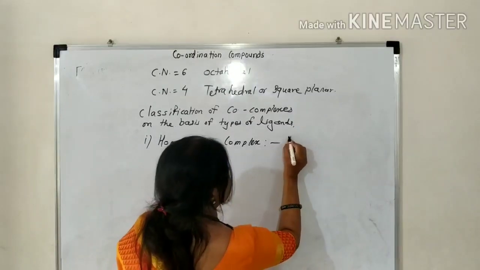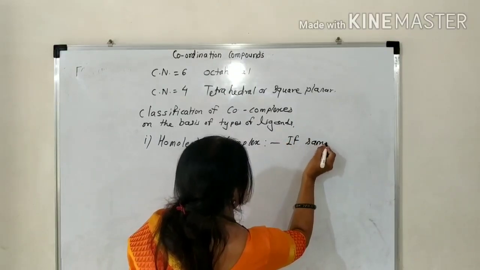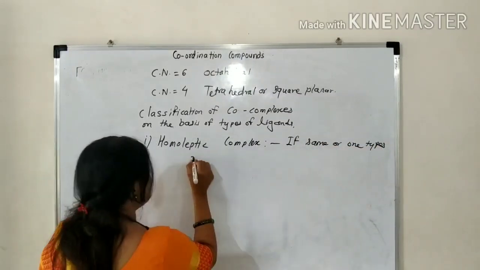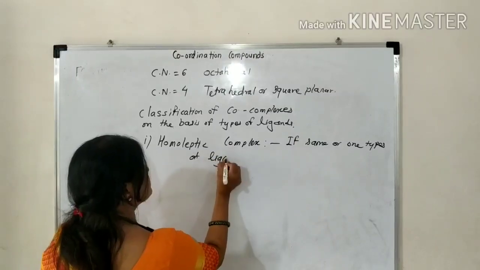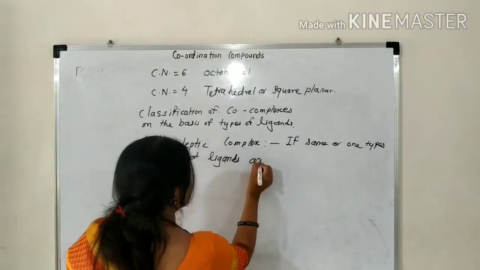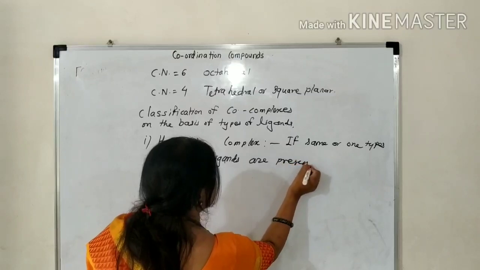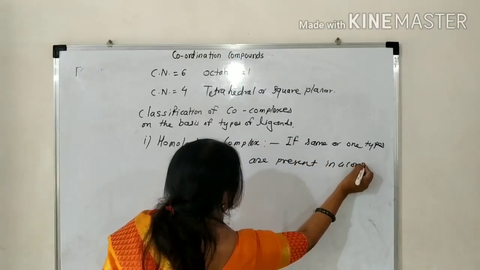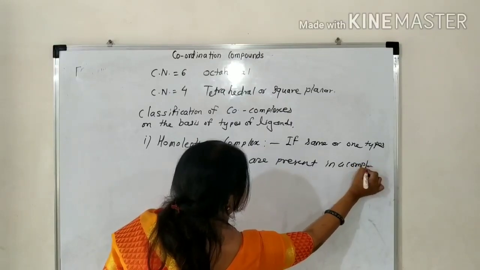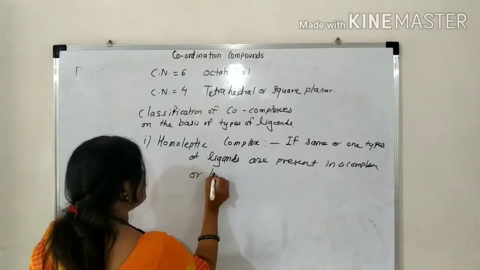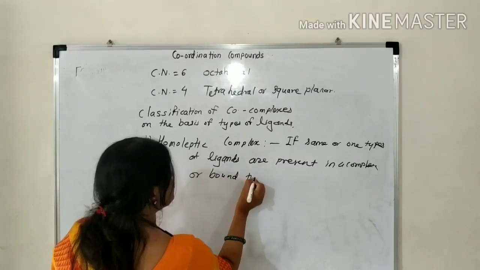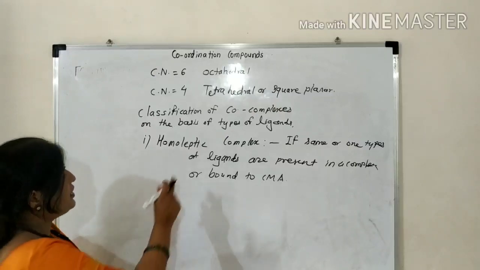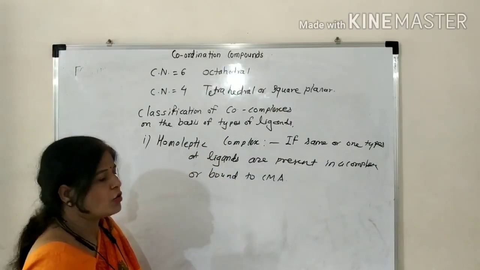If same or one type of ligands are present in a complex, bound to the CMA, central metal atom, then those complexes are called homoleptic complexes.